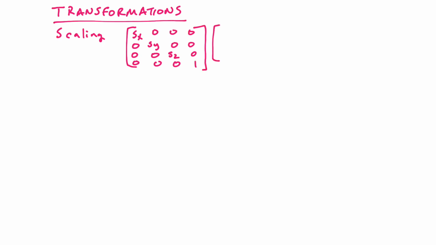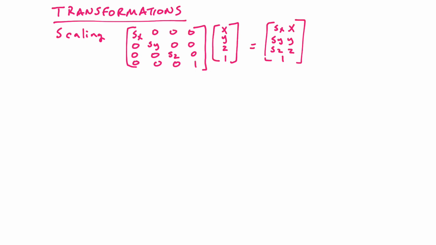So what ends up happening here is that we will have Sx times x, and then Sy times y, and Sz times z, and our w component stays as 1.